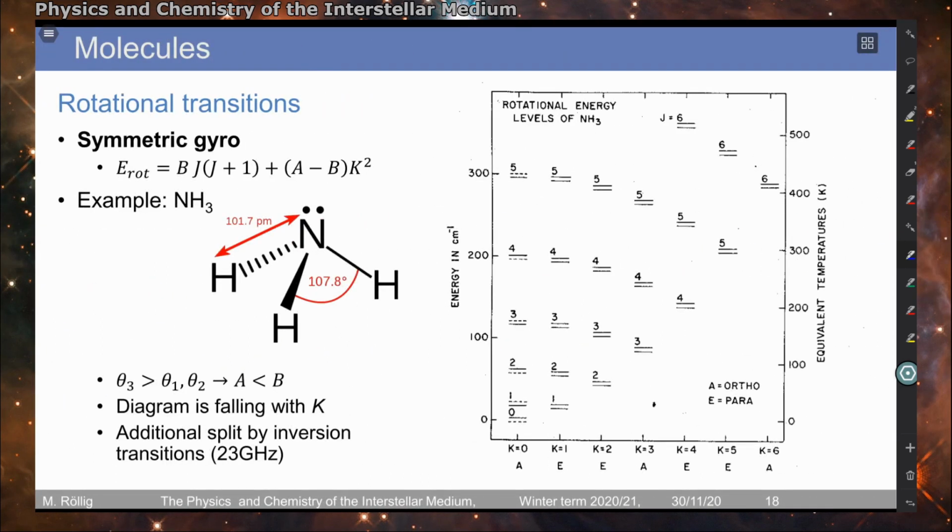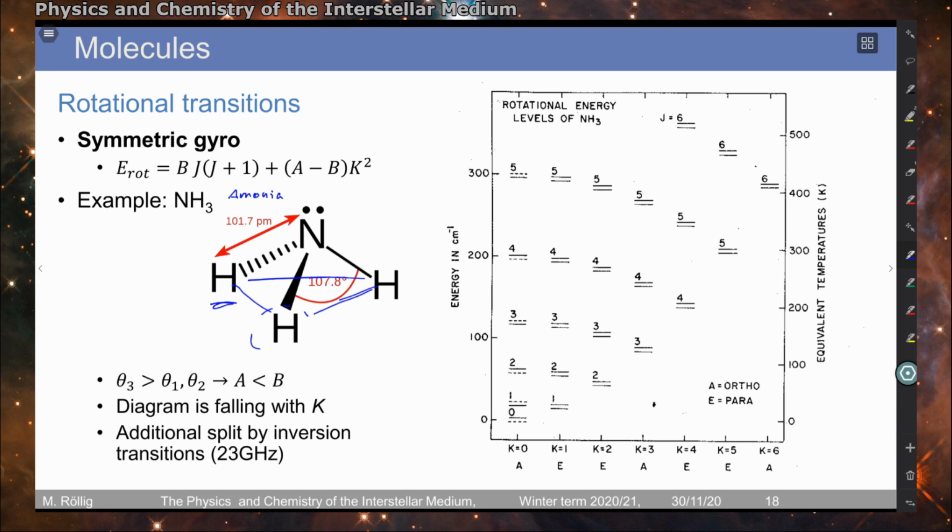So looking at an example, this is ammonia, NH3, which is a tetrahedral configuration. So we have here this triangular base configuration of the hydrogen atoms and the nitrogen over this triangle, with the one hydrogen here below the plane of the screen and this one here above the plane.